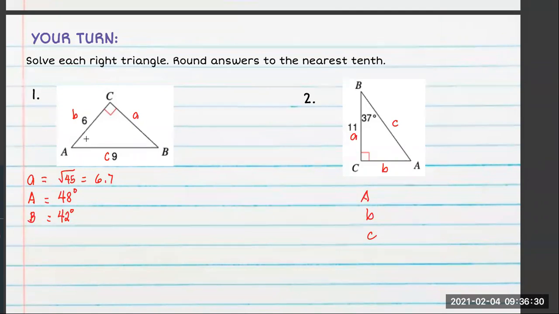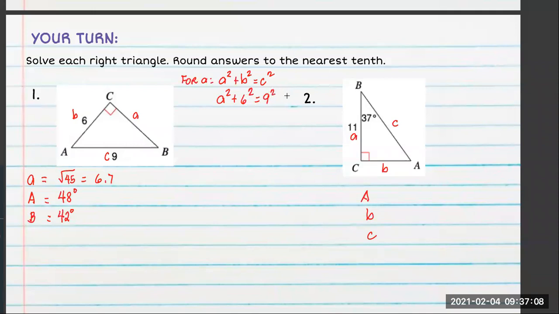Okay, so let's go over this one. Since you are given 2 sides, you can use the Pythagorean theorem to find A. A squared plus B squared is equal to C squared. Now, A we do not know, that's what we're trying to find out. B is 6, and C is 9.